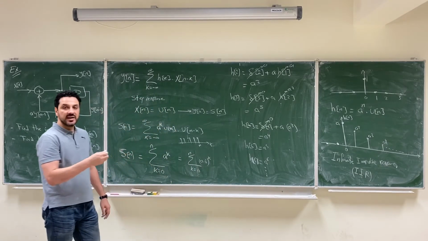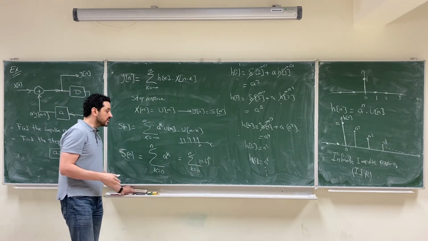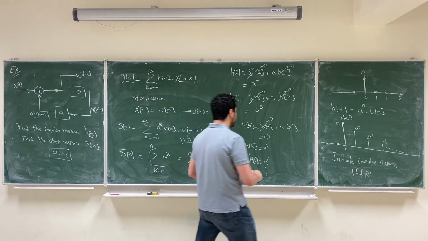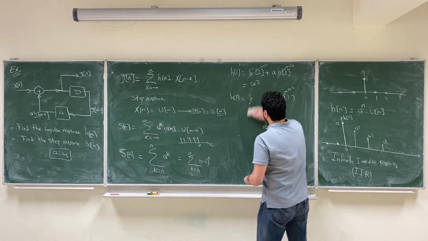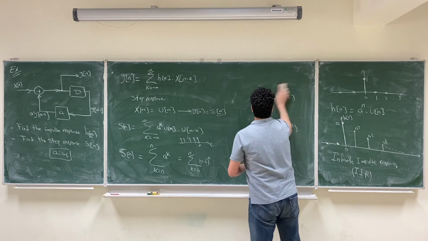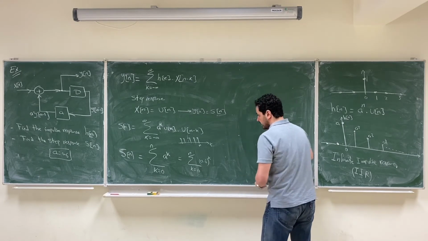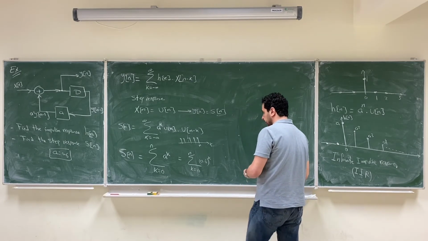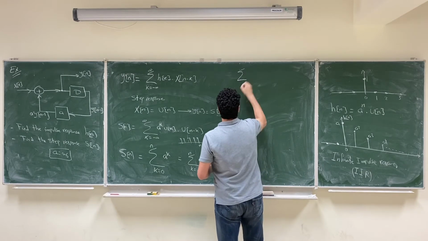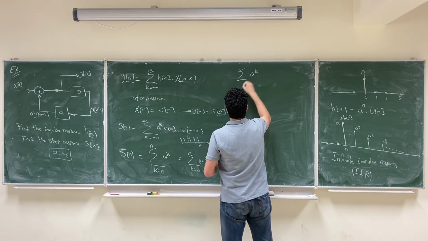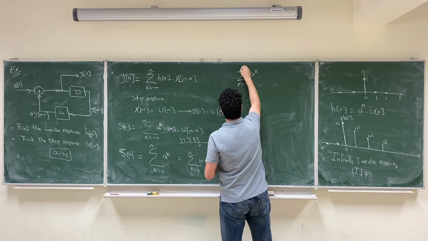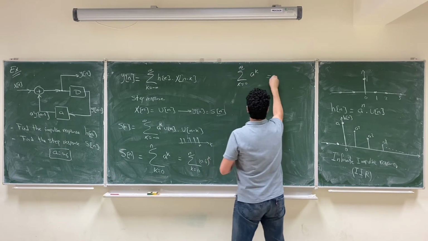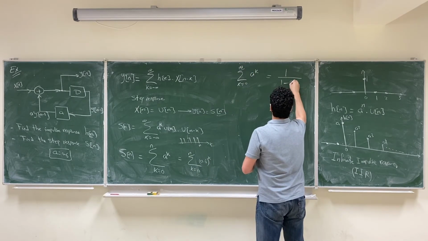This summation has a known closed form, and let me remind you of the closed form of the summation of a geometric series. If you have the summation of a to the power k from k equals 0 to infinity, this is 1 over 1 minus a.